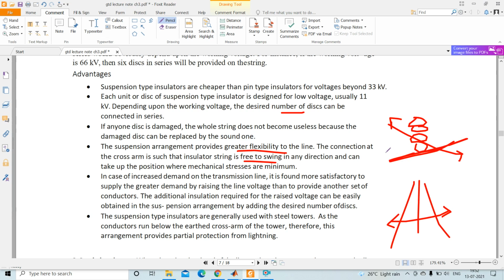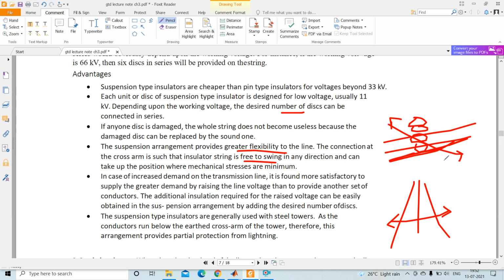We could extend another conductor, but rather than increasing the number of conductors, we can raise the voltage level. We can raise the voltage obtained from the suspension arrangement by adding more discs.